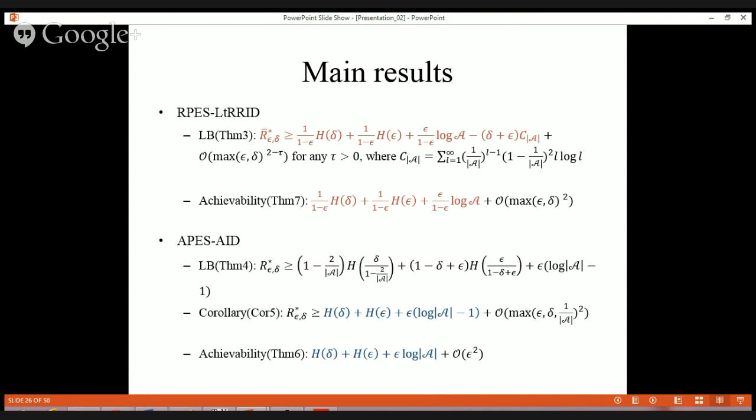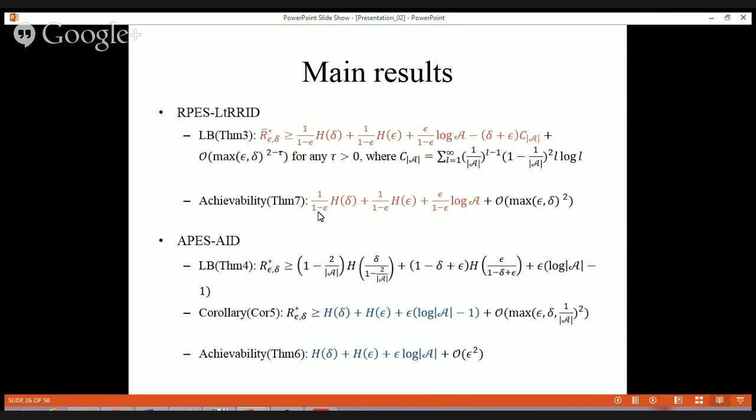Here are the main results of our work. For the random model, we came up with an information theoretic lower bound, which is shown in theorem 3 in our paper. We've shown the achievable rate of our algorithm in theorem 7.